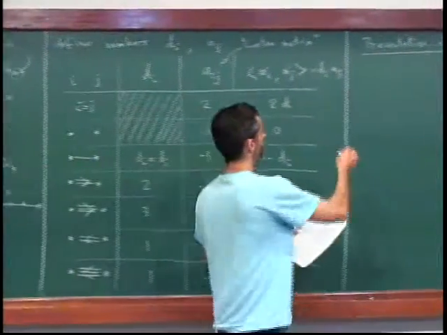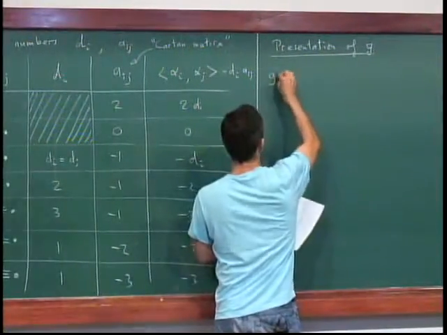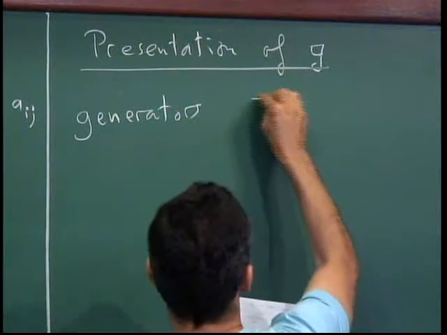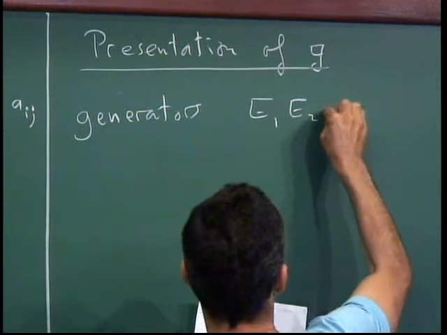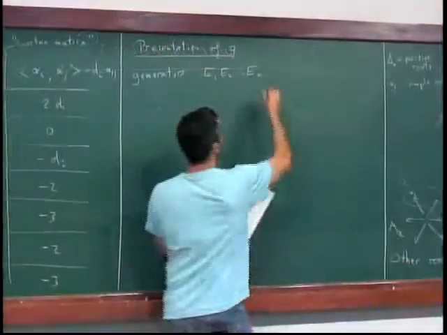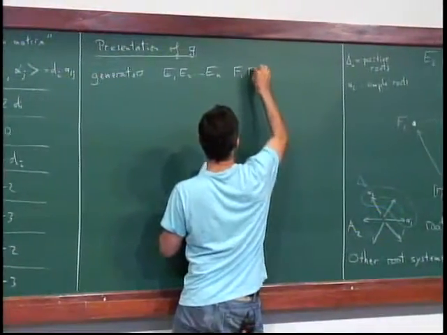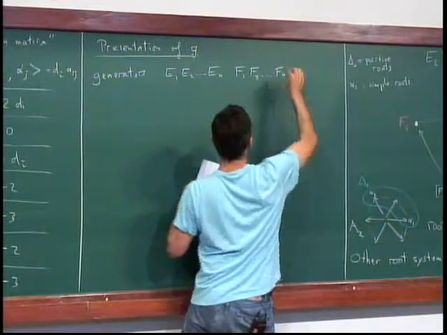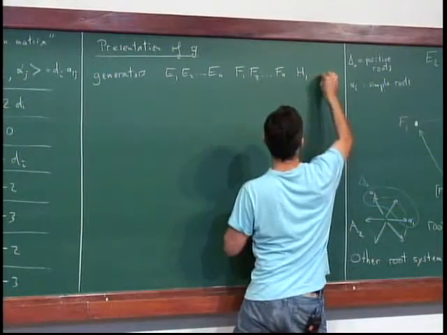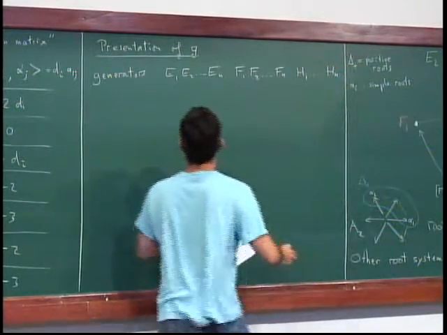And I will take the following generators. So I have E1, E2, up to En, where n is the rank. F1, F2, up to Fn. And H1, up to Hn.